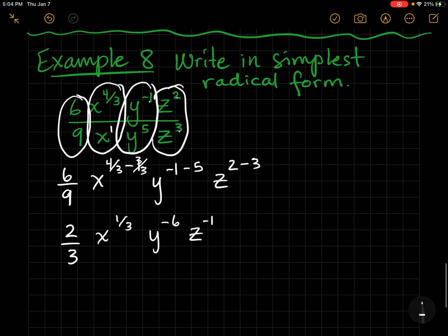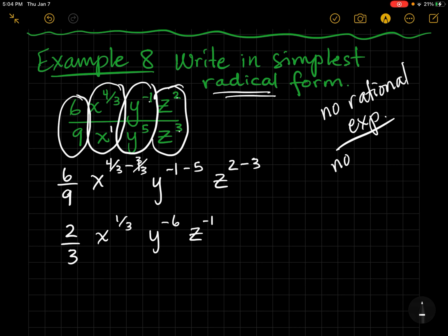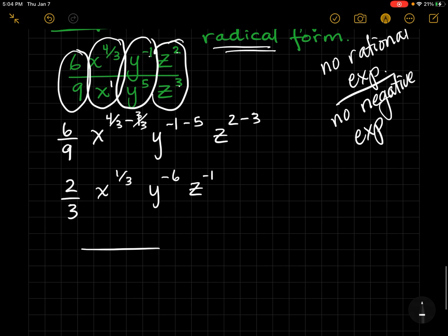Now I want to make sure I write this in simplest radical form. When you write in simplest radical form, that means no rational exponents, as well as no negative exponents. So let's take care of that. First of all, let's see what's in the numerator.